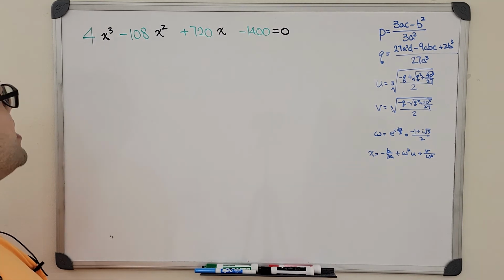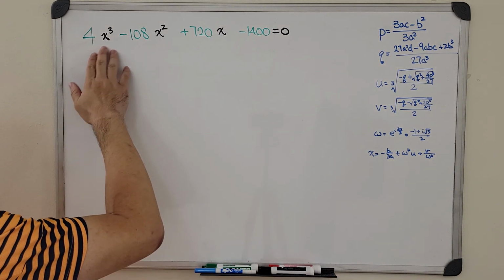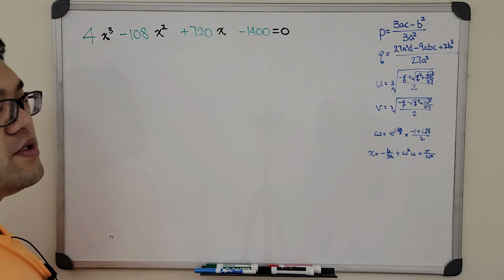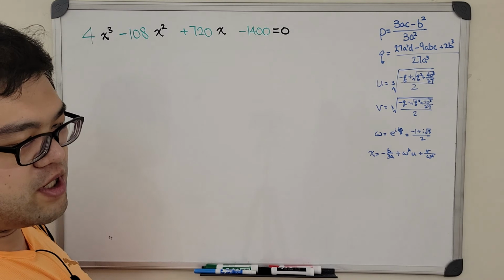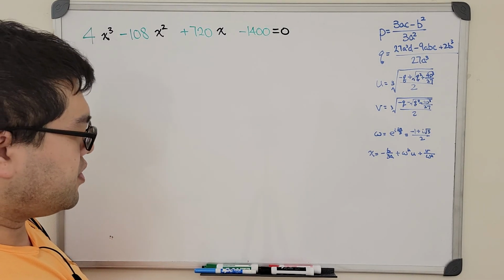So here is the example. We have 4x cubed minus 108x squared plus 720x minus 1400 equals 0.